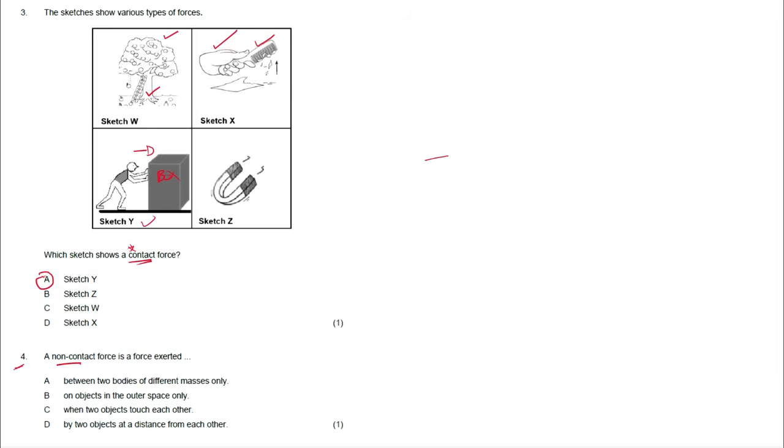So if we have object A here, and then we also have object B, we can see that there is no contact between the two objects.